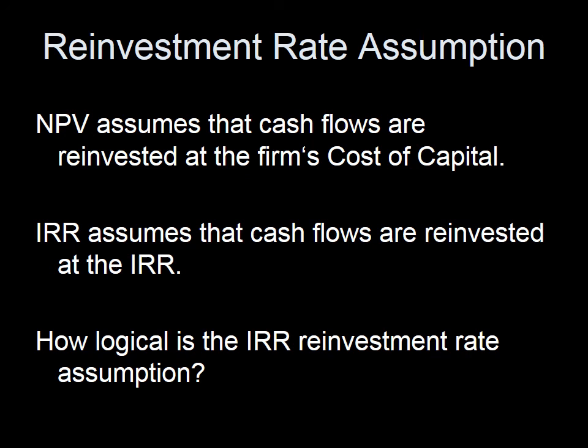With the net present value, every single project that you calculate the net present value for, you are assuming that you're reinvesting at the cost of capital. So you've got the same reinvestment rate for the net present value for every project, so therefore your net present values are in fact comparable.